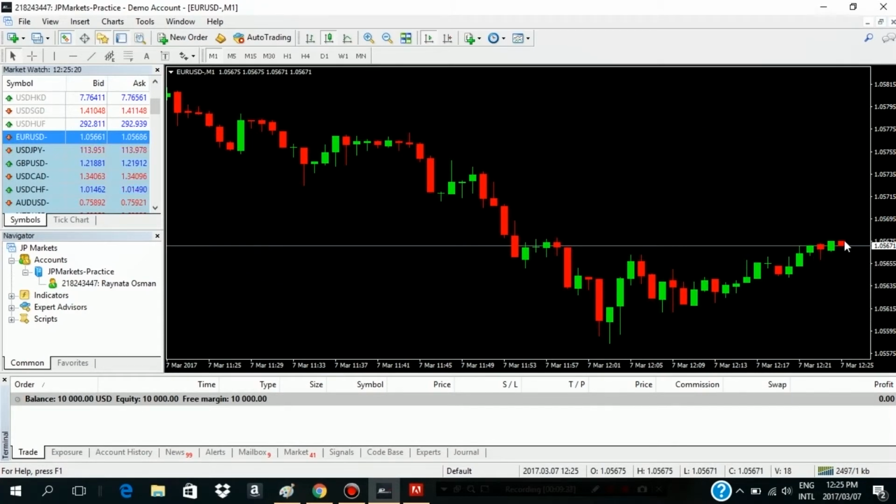Why? Because from your open, if price moves down, we are bearish within that 1 minute. From your open, if price moves up, we are bullish within that 1 minute. So while your candlestick is still open, it does not know whether it is bullish or bearish.